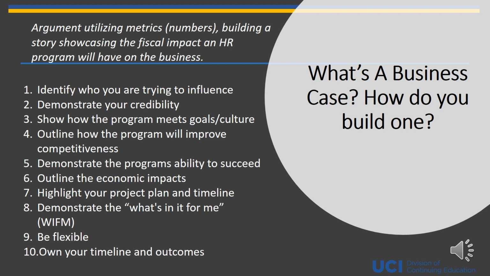You need to make sure that you are outlining each and everything in the business that could impact your program. And at the same time, you should be highlighting all the improvements to revenue, the improvements for profit. What's the ROI?